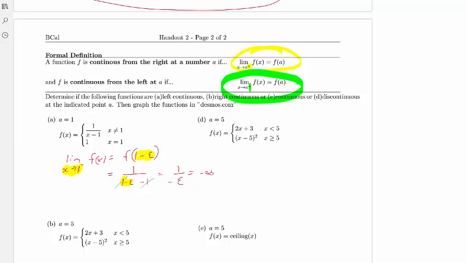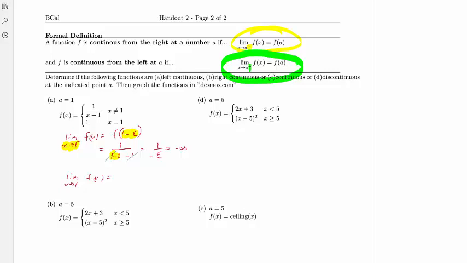And if we go from the other side, the limit as x approaches 1 from the right of f of x, we're basically going to do the same thing, only now it's 1 plus epsilon minus 1. And so you end up with 1 divided by a positive epsilon, which is positive infinity.